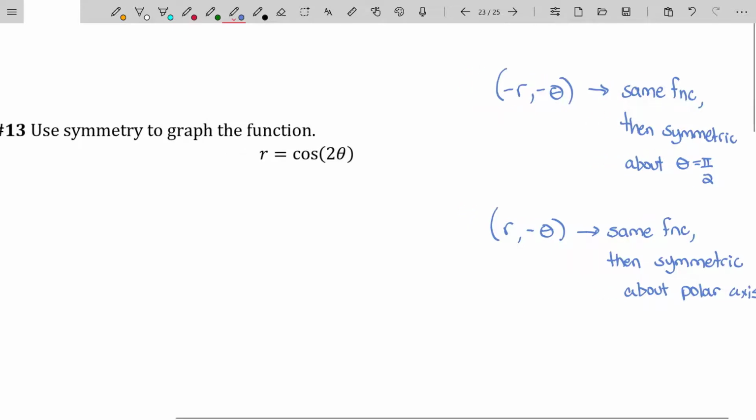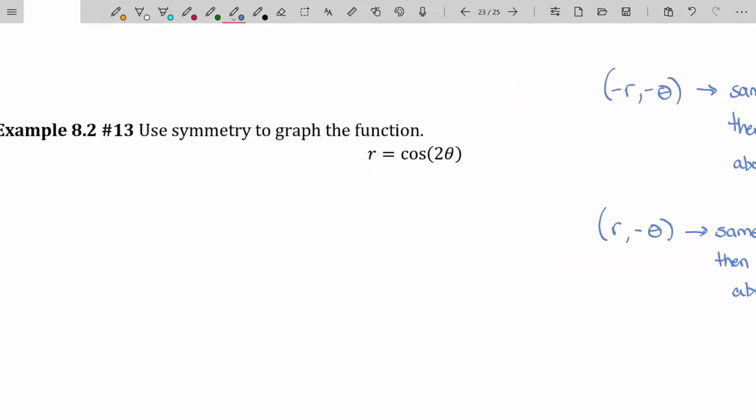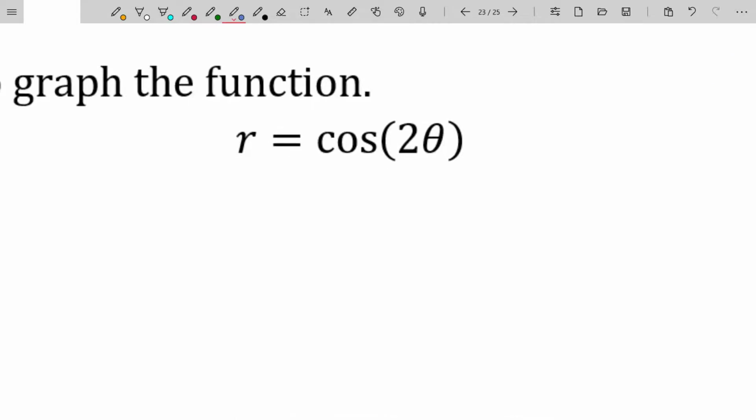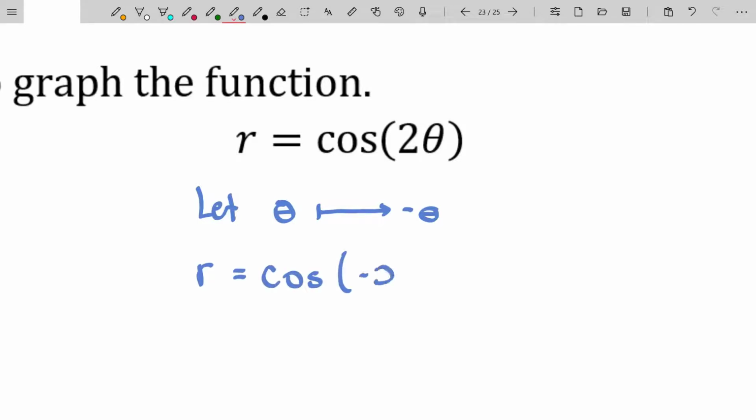So let's go ahead and use symmetry to graph this function right here. First thing I'm going to do is just test it. I'm going to let theta become negative theta and see what happens. So r equals cosine of negative 2 theta.